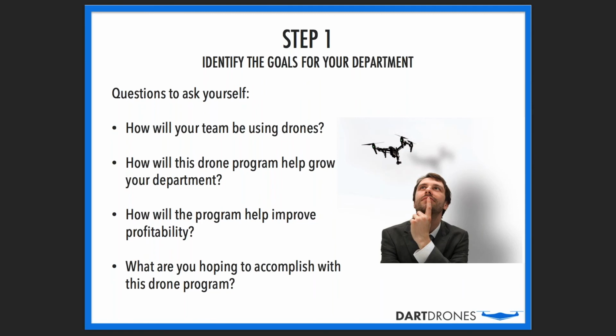And some agencies, that's all they're planning on doing for the time being, and then they plan to expand down the road. But you need to narrow down your use cases and what you actually want the drones to do, because that's really going to drive, as we go through these steps, your budget, your aircraft selection, and your technology selection.